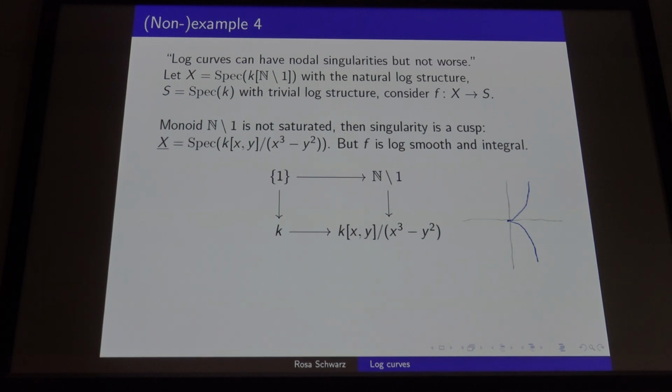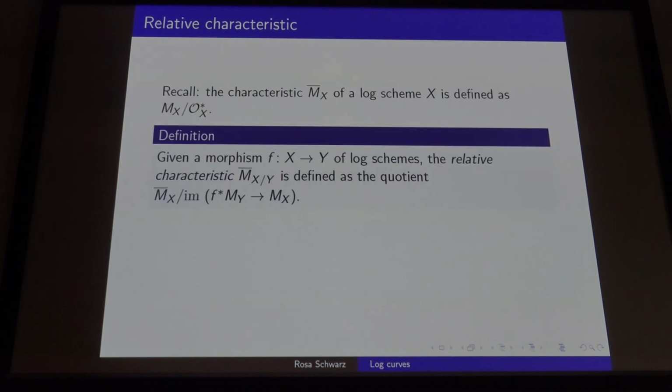And then there is a theorem by Kato about what log curves really look like. And to read that theorem, we need a definition. The characteristic monoid, or sheaf of monoids, is just quotienting out the units.